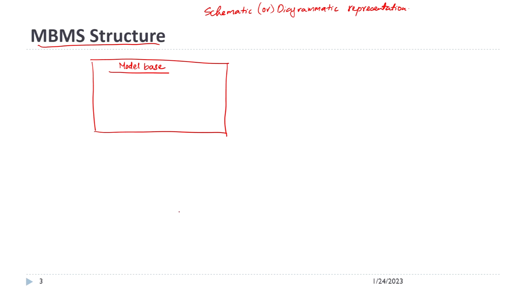We can also say that the model base is also called a collection of models. So when somebody says model base, you can also think about it as models as well.